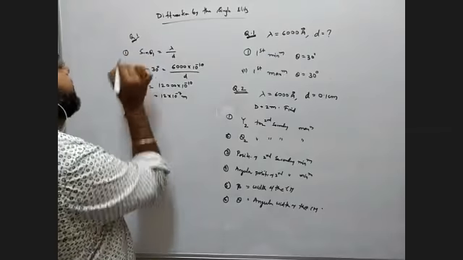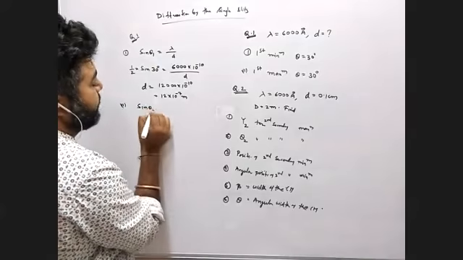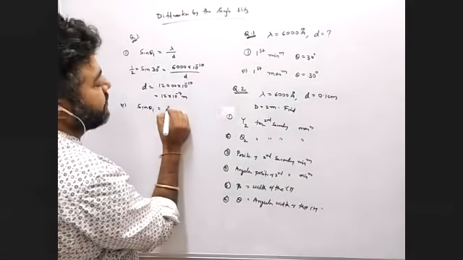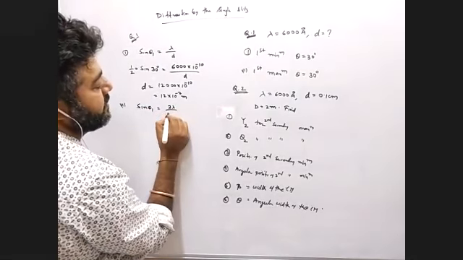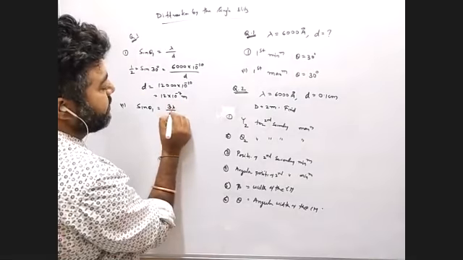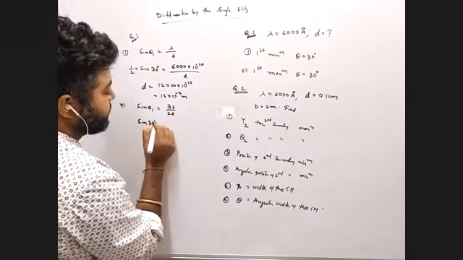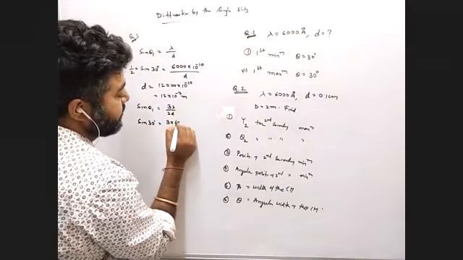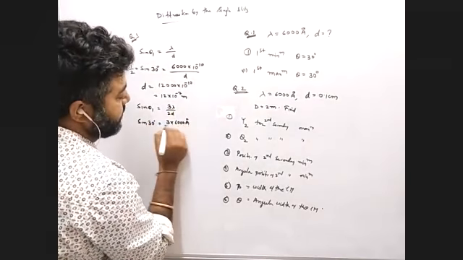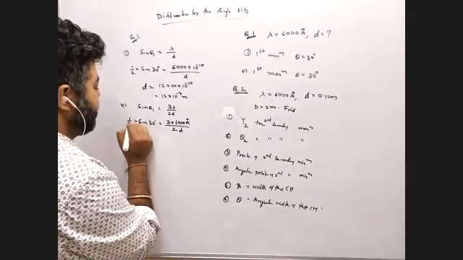That's the first part. Now the second part of the question: sine theta 1 for maximum is 3 lambda by 2d, right? 3 lambda by 2d. So sine 30 degree, 3 into 6000 angstrom by 2d. So that is half.